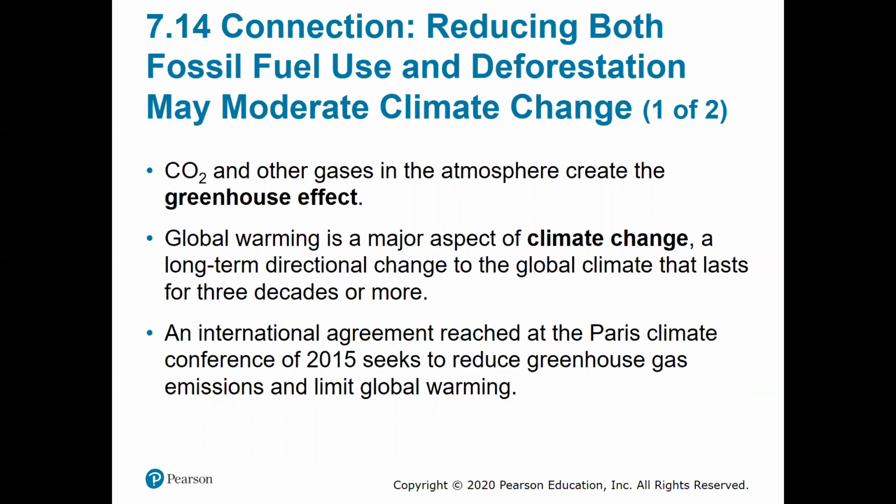one of the main reasons why we are having such climate change is because of deforestation around the world. It is the cutting down of large forests.